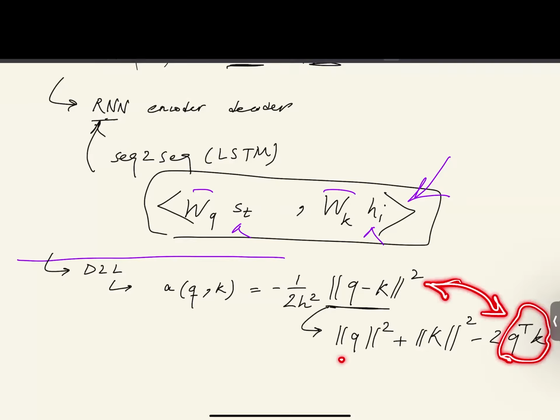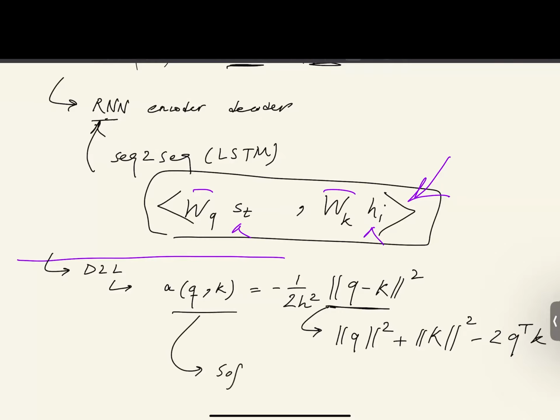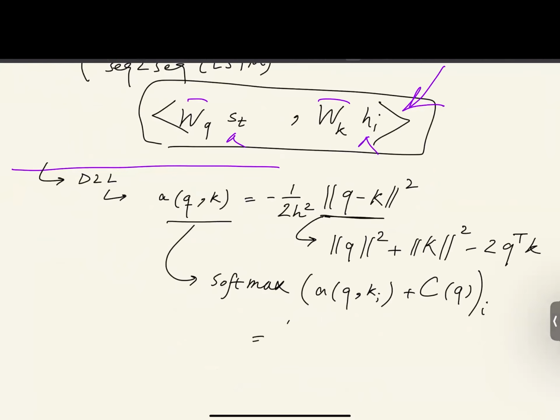Why? Because we know that later when we send this to softmax, softmax is invariant to shifts. For example, softmax of q·kᵢ plus some constant will be the same as softmax of q·kᵢ.